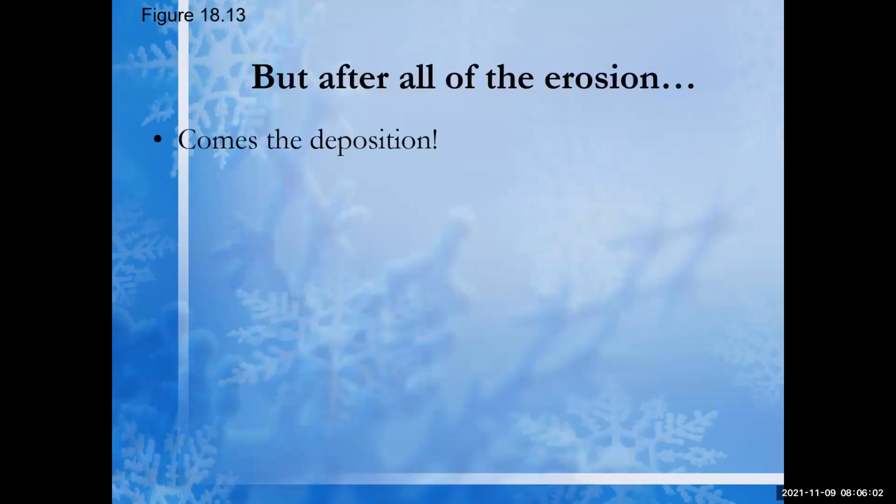All right. So after all of the erosion, what happens, right? We've talked a lot about the ice shaping its landscape by removing materials, but I have noted that these glaciers are carrying with them huge amounts of sediment. This is what that can look like.